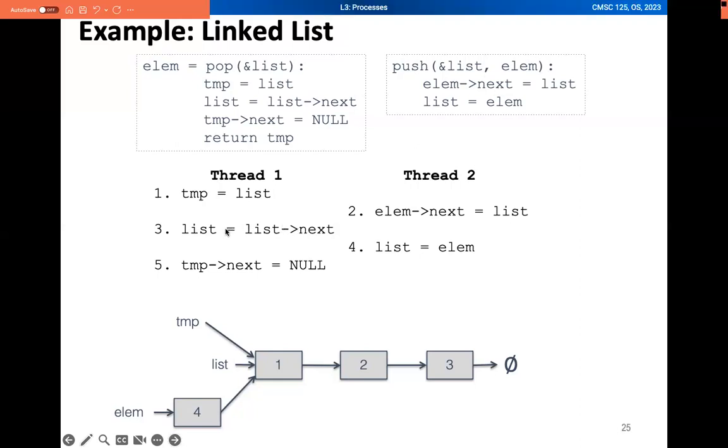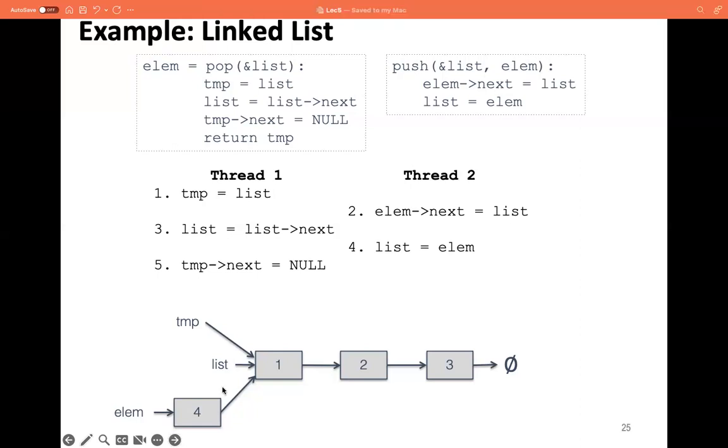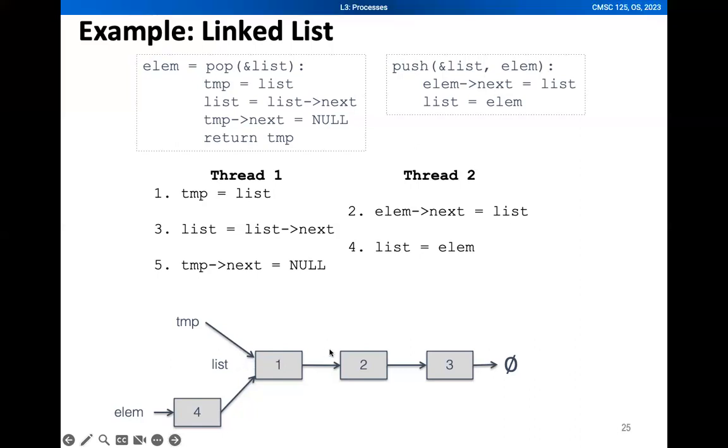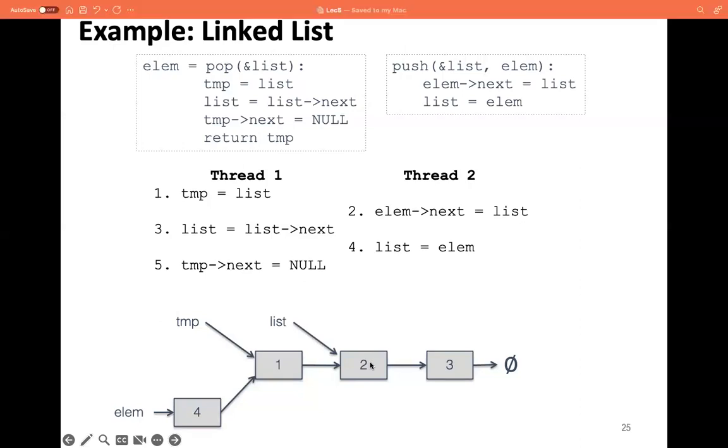In this case, the list is equal to the next pointer of the list. So the list was pointing here, so its next is this next element. Okay, and now it gets switched again. Now we set the list equal to lm.